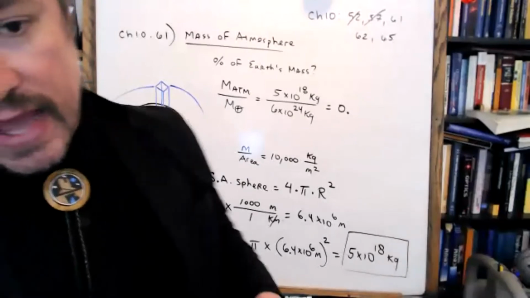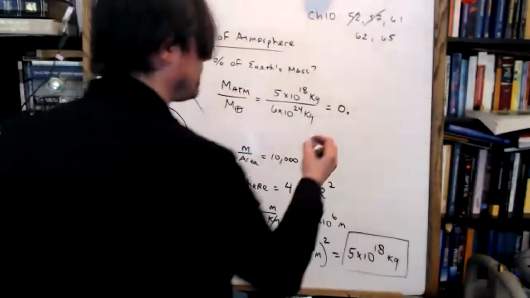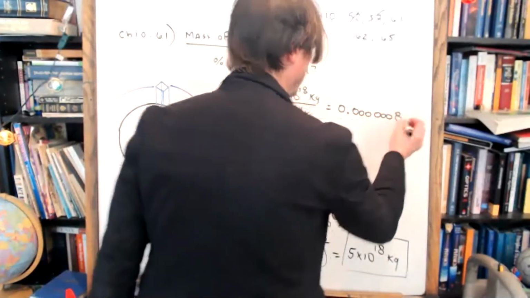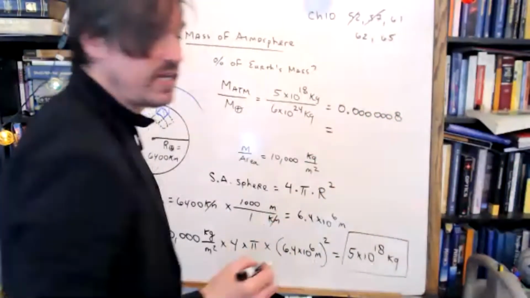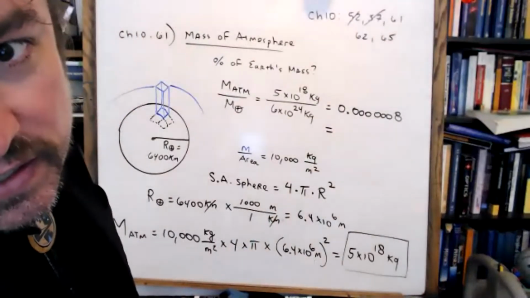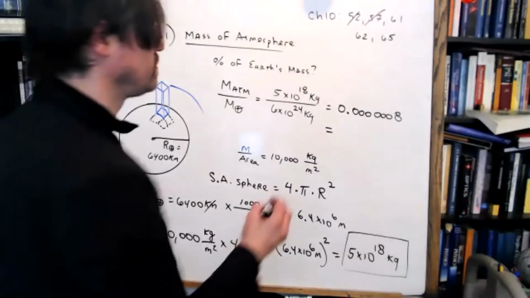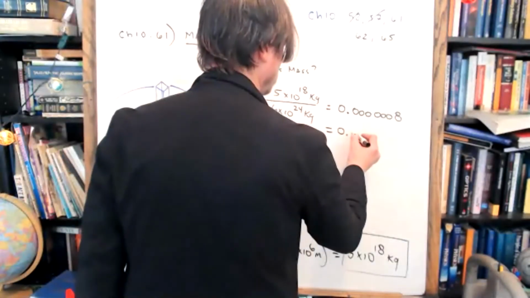Yeah. What that means, Kim, remember, is that the 8 is in the 7th decimal place after the 0. So I would have to write 6 zeros, 1, 2, 3, 4, 5, 6, and then the 8. Now, what would that be as a percentage? How do I go from that into a percentage? It would be 0.00008%.